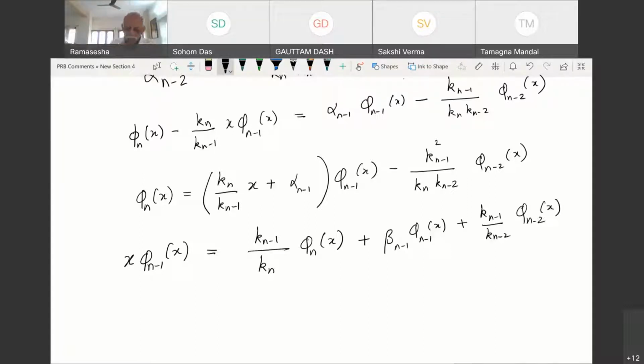What I did was take this to the left hand side, and I said x P_{n-1} is equal to minus P_{n-1}(x), or rather P_n(x).